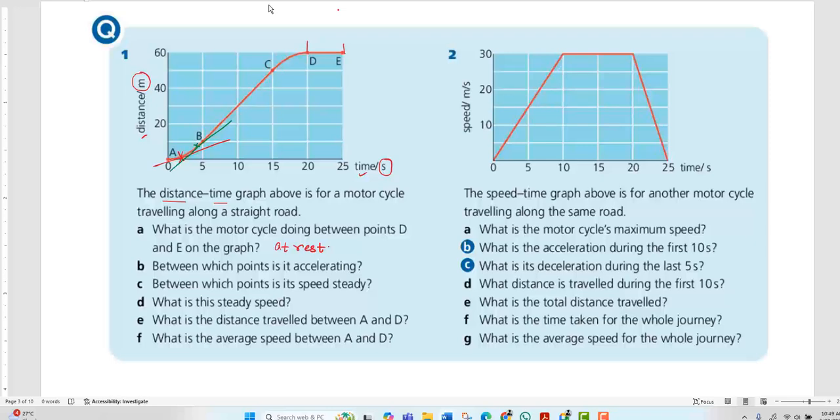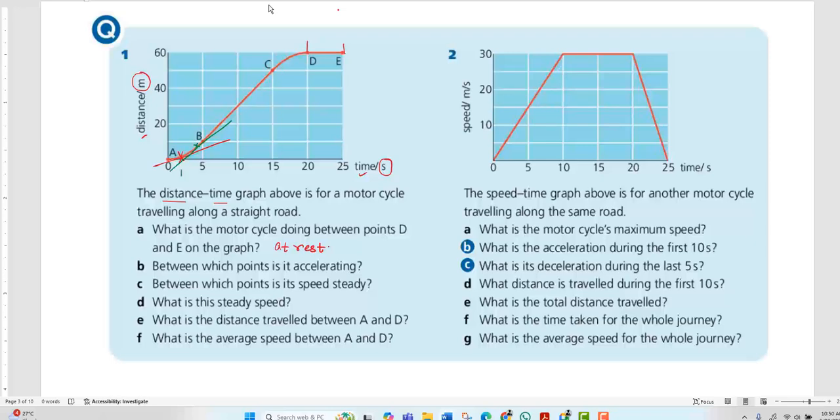The gradient of a distance-time graph gives us what? The slope of the distance-time graph tells us that the speed is increasing. It only tells us the speed.